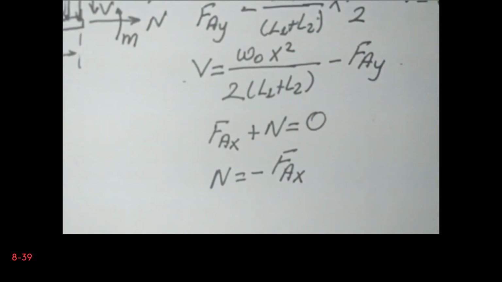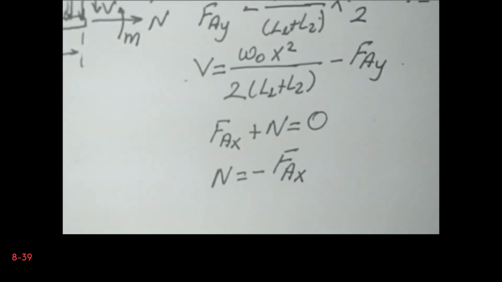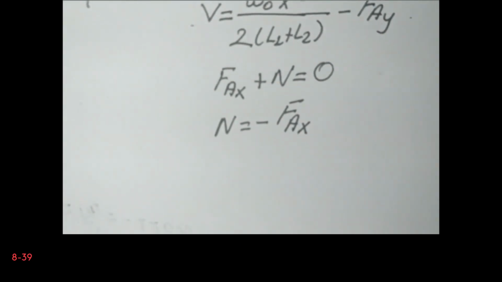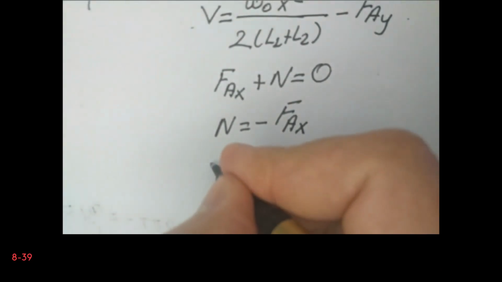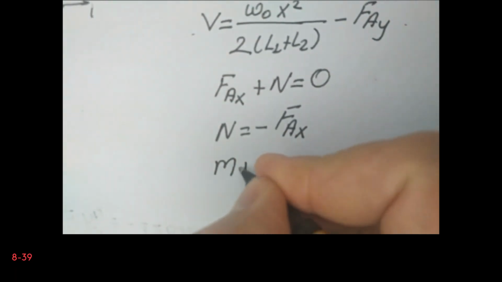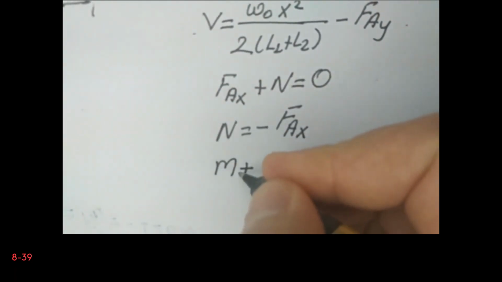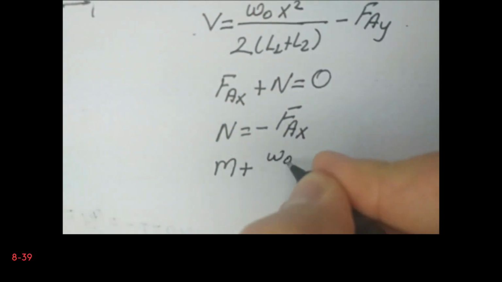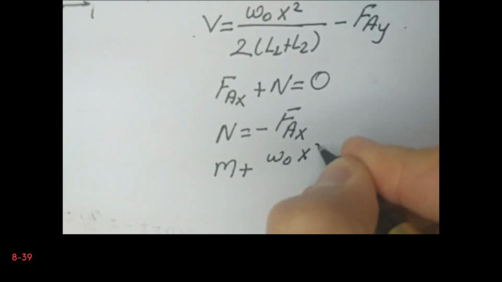We have the moment M, and in the same direction the distributed load generates a moment, and the moment is W0 x squared divided by 2 (L1 plus L2) multiplied by x divided by 3.